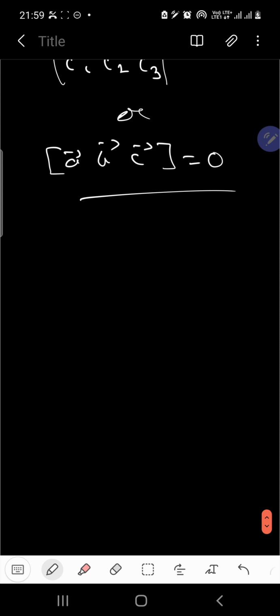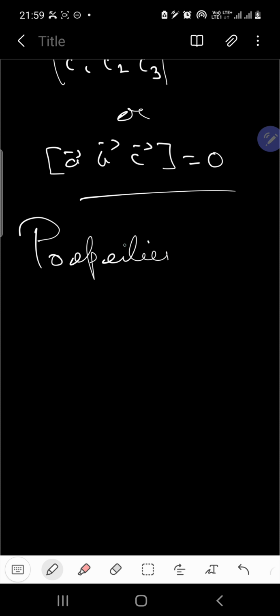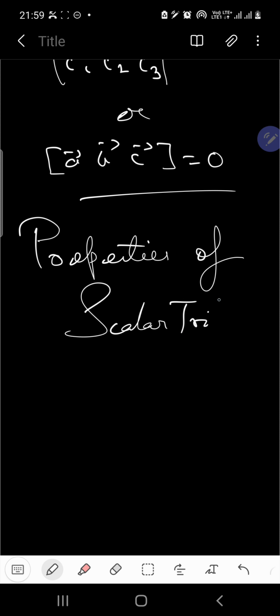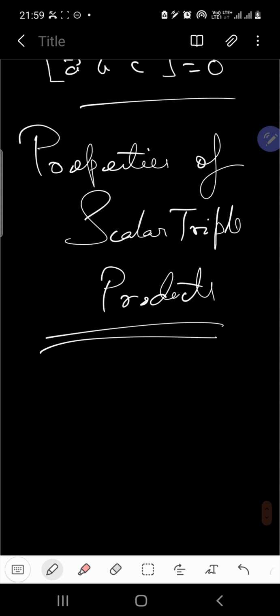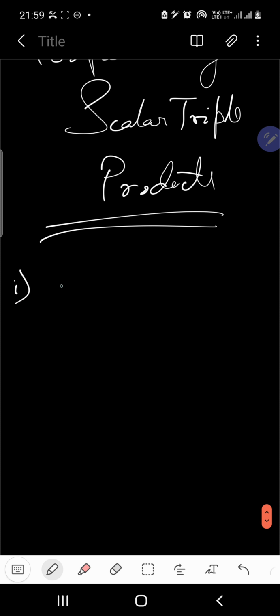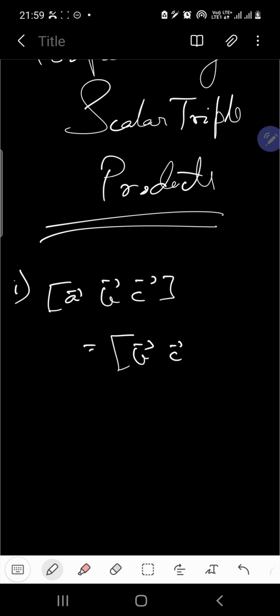So let's say properties of scalar triple products. Okay. The first property is the property of cyclic order, that is vector A, vector B, vector C is equal to vector B, vector C, vector A is equal to vector C, vector A, vector B. Okay, they can be interchanged in cyclic order.